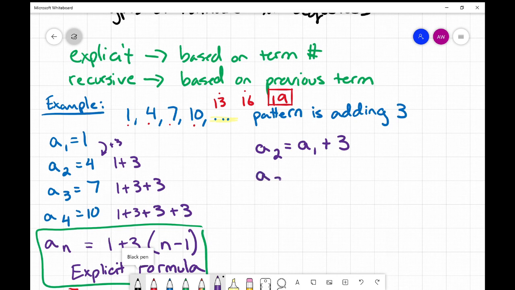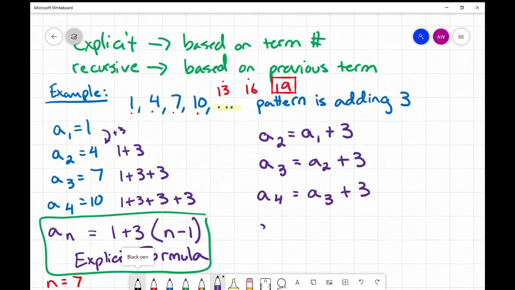Moving on to the next number, it would be a sub 2 plus 3. So we take the previous number and add 3 more. A sub 4 is going to be made up of a sub 3 plus 3 more. This is the recursive formula. So a sub n, we would find that by finding the previous number.